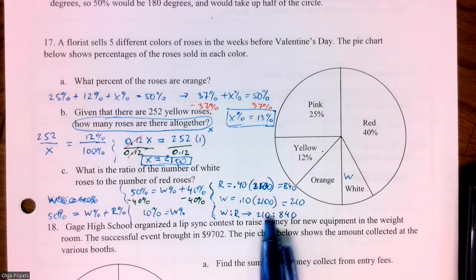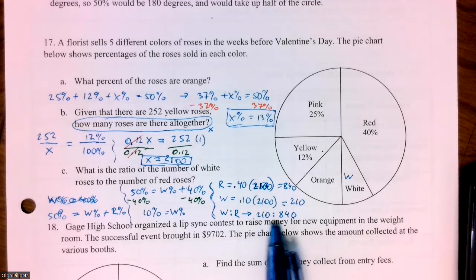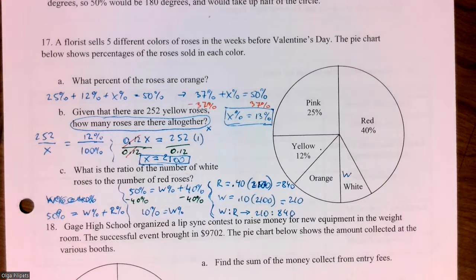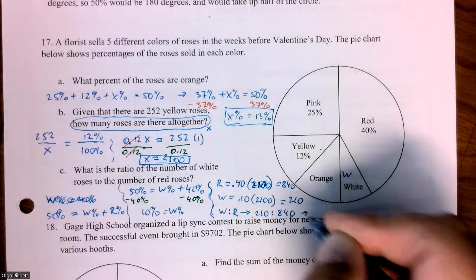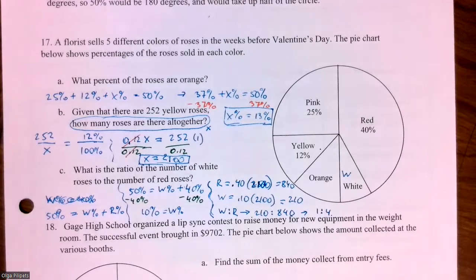Well, obviously there is a factor of 10 there, but there could also be a factor of 3. In fact, I think I clearly see that 3 is also a factor. So let's simplify this ratio. In fact, 210 goes into 840 4 times. So the simplified ratio will be 1 to 4.